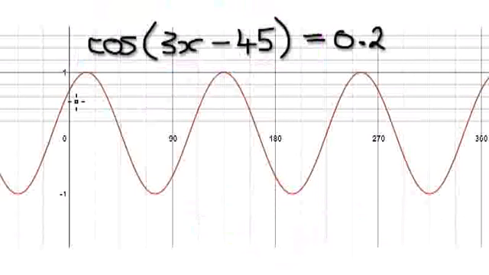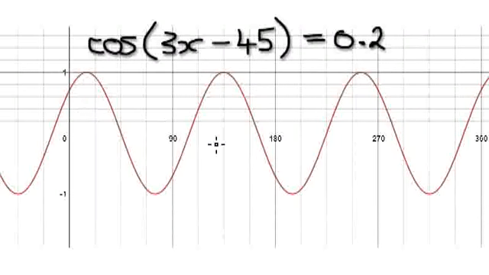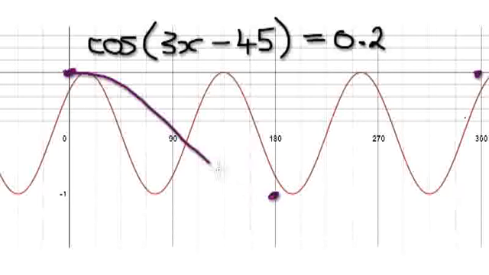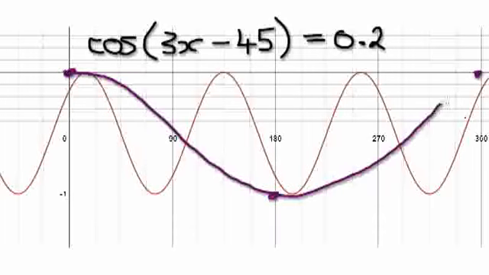Looking at this graph here, our normal cos of x will look something like this. 180 will be here, 360 will be here.